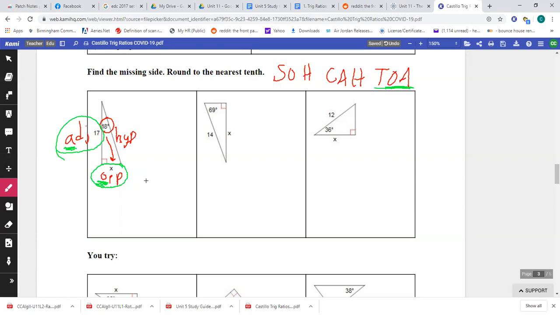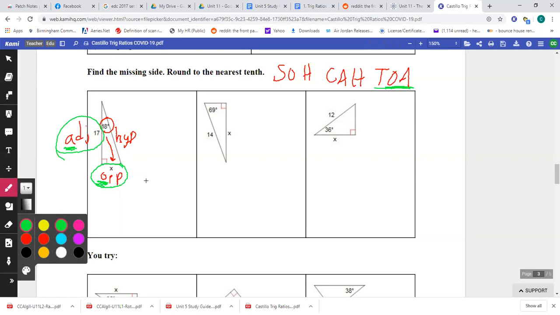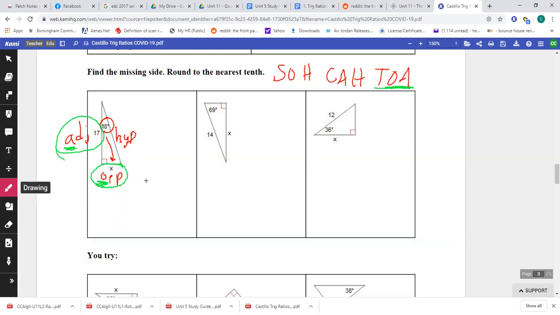So I'm going to write an equation using tangent. The equation is going to look like this: tangent of the angle, which is 18. In the past, in this lesson, you saw sine x, cosine x, tan x.